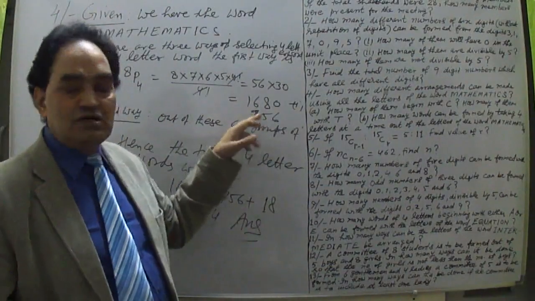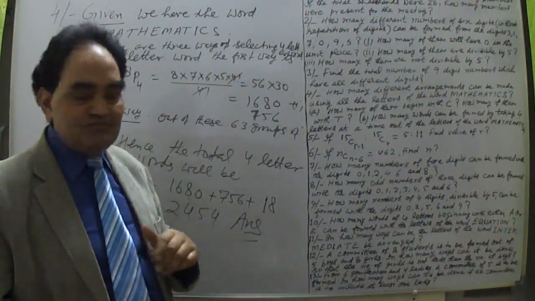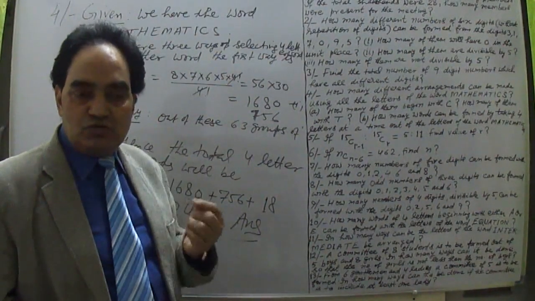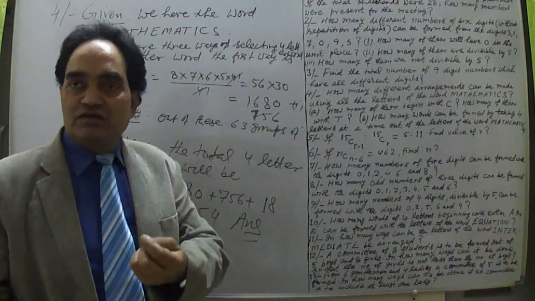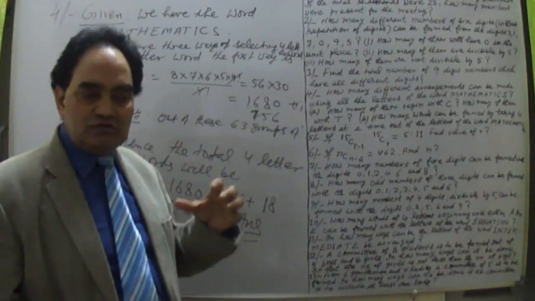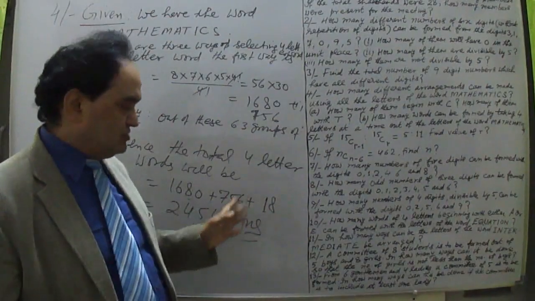Then second was that 2 are alike and 2 are different, this may be the second possibility. The third possibility was that both are of similar type, 2 are of one kind of similarity, and the second pair is of a second kind of similarity. So both are similar letters. So there are 2 pairs out of 3 pairs. So that can be done in 3C2 ways.